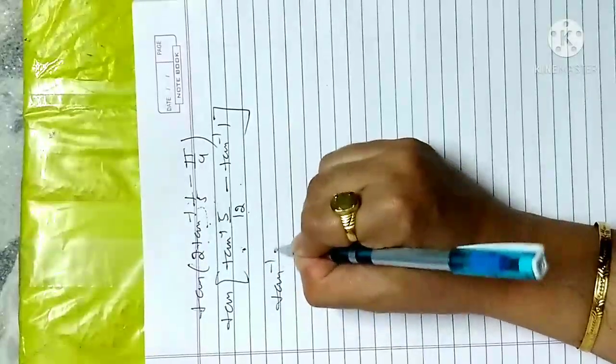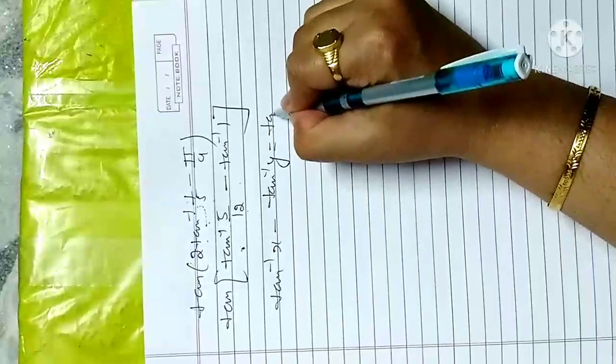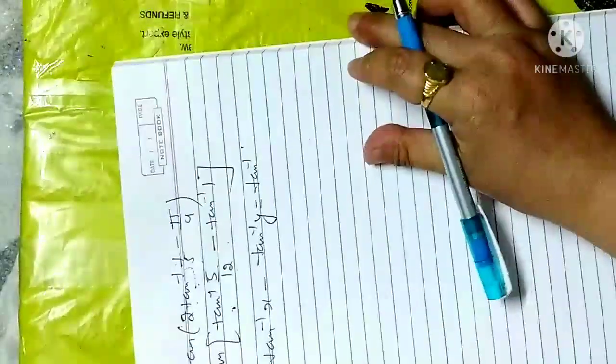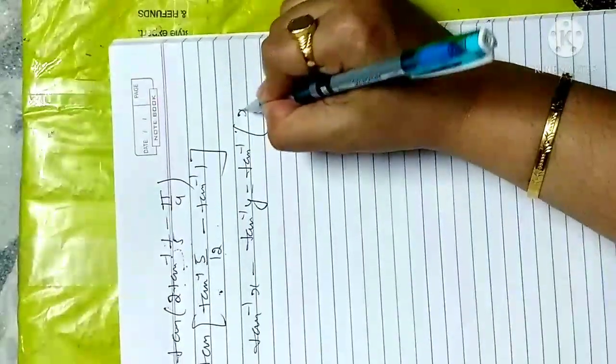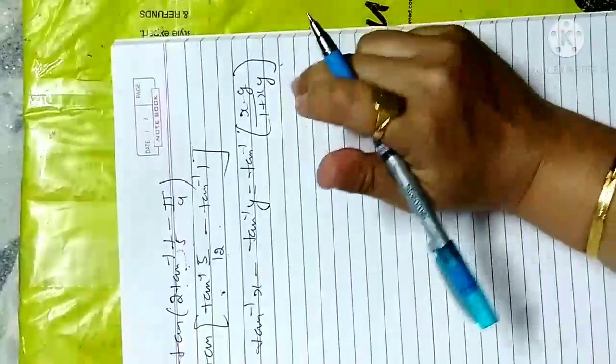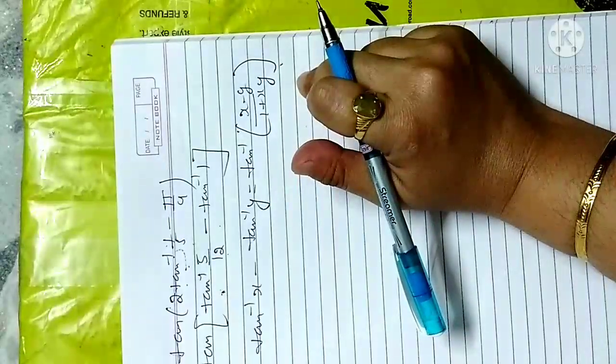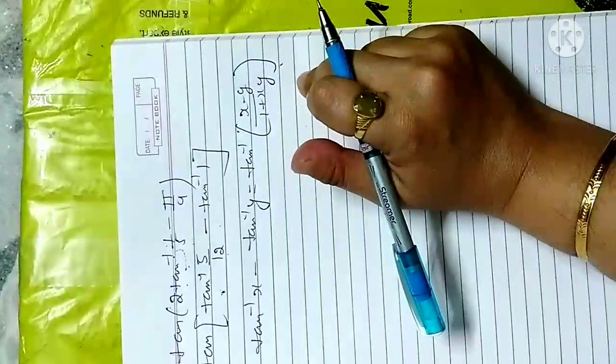Either I go with the tan inverse x minus tan inverse y formula, that is tan inverse of x minus y upon 1 plus xy. I can go with this formula directly, or I have another option, the tan a minus b formula.